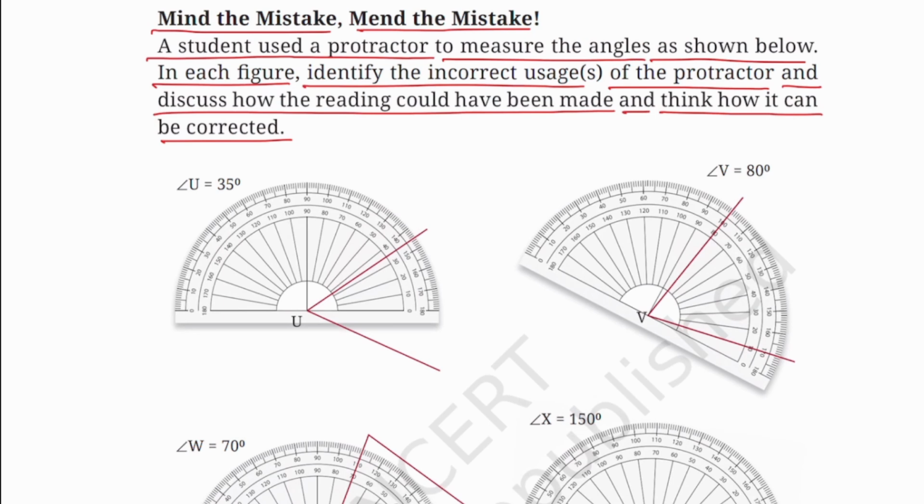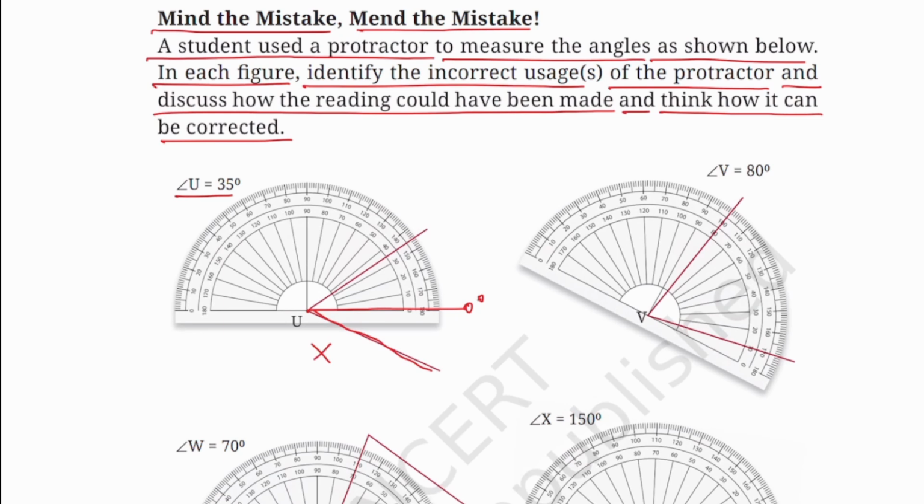In the first picture, it is written angle U is equal to 35 degree. First, you have to align this 0 degree mark to one of the arms of the angle. So, it's wrong measurement.